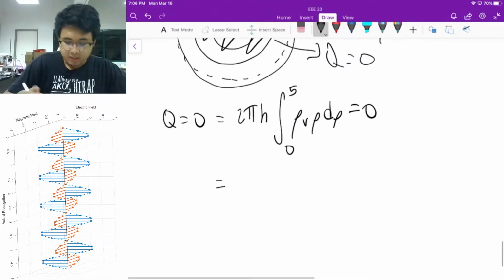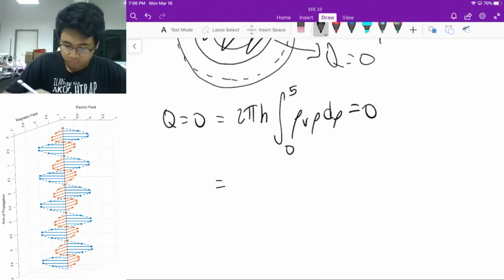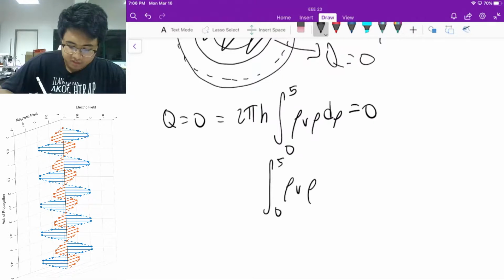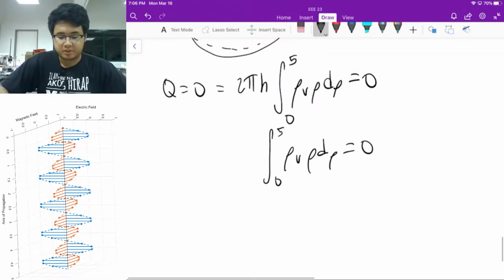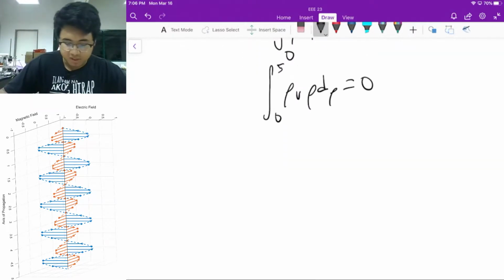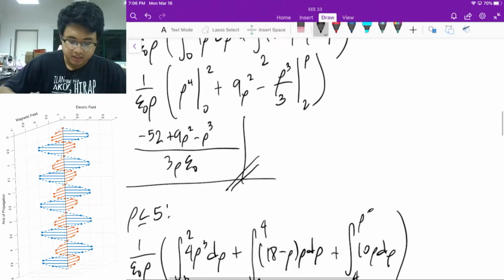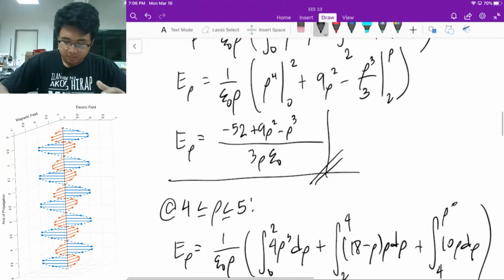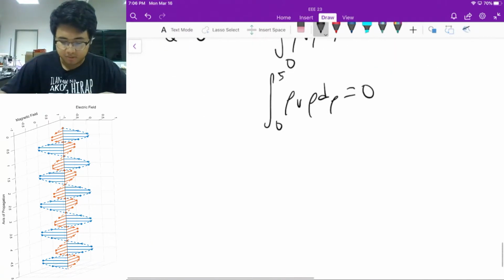If we want that to be equal to 0, then the integral from 0 to 5 of rho v times rho d rho should be equal to 0. Since your distribution is piecewise, we have to split this integral into 3 parts.